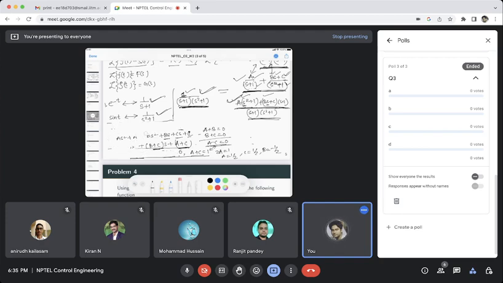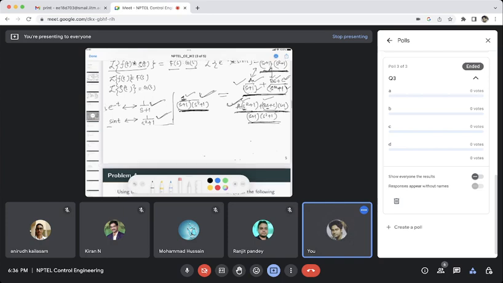So just write now what we have obtained. We have obtained that 1 by (s plus 1)(s square plus 1) can be written as a by s plus 1 plus (bs plus c) by s square plus 1, and we have found a equal to half, b equal to minus half, and c equal to half.